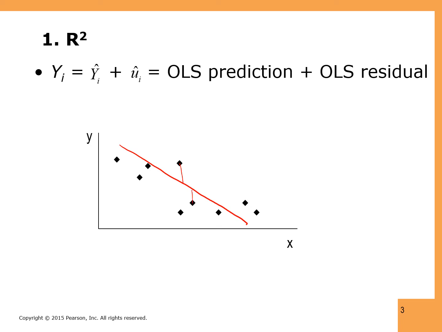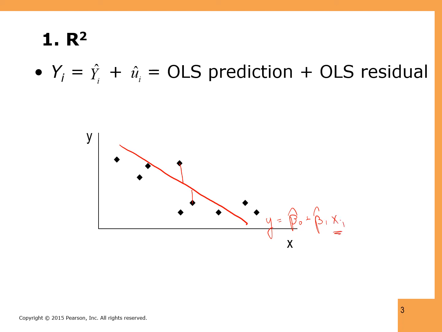What we have here, for instance, going back to our policy question of looking at the test scores and student-teacher ratio, is that we're fitting this line that predicts the average test score based on student-teacher ratio. And when we estimate the regression coefficients, we get this beta hat 0 and beta hat 1.